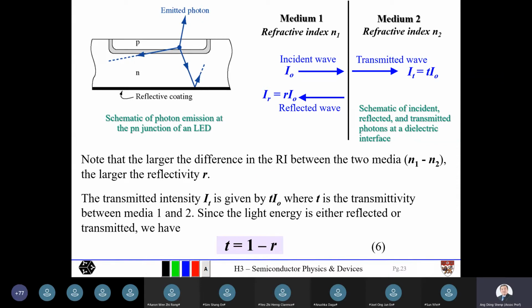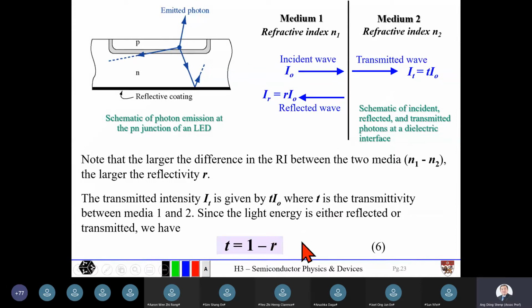Now, another parameter is called the transmittivity. Transmittivity is just a complement of reflectivity. It simply describes the fraction of light that is transmitted onwards from one medium to the next medium. So T, transmittivity, is simply 1 minus R, reflectivity.